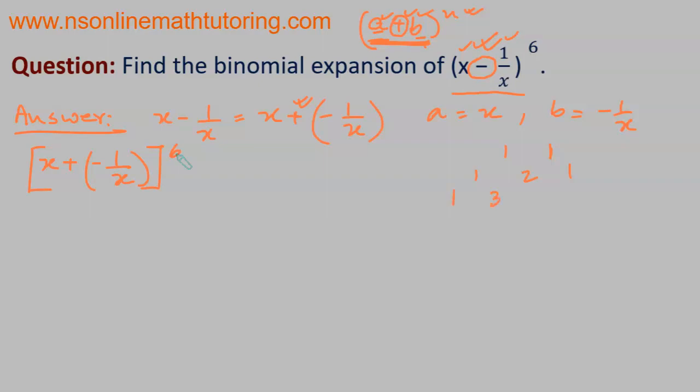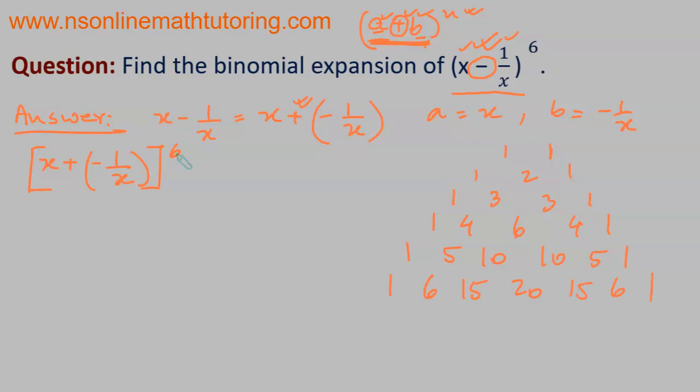Then 1, 3, 3, 1 for the power of 3. 1, 4, 6, 4, 1, a plus b raised to the power of 4. 1, 5, 10, 10, 5, 1, that is a plus b raised to the power of 5. And then it is 1, 6, 15, then 20, then 15, then 6, and finally 1.